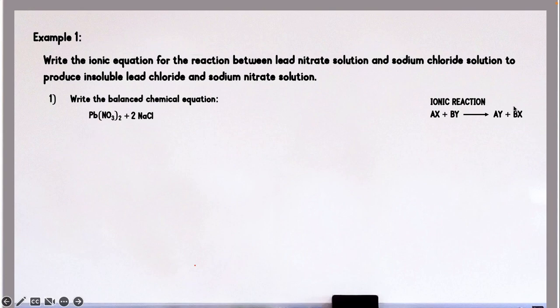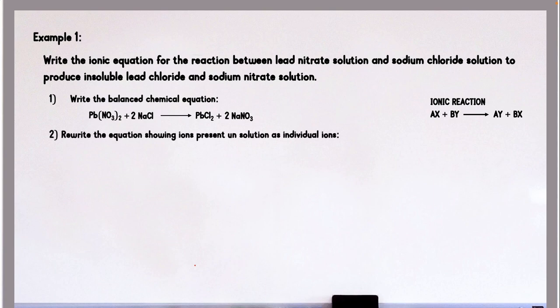Here I have a little formula: AX plus BY will give you AY plus BX, where A is lead, X is nitrate, B is sodium, and Y is chlorine. So our products would be AY, lead chloride, and BX, sodium nitrate. And our equation is already balanced, as you can see.